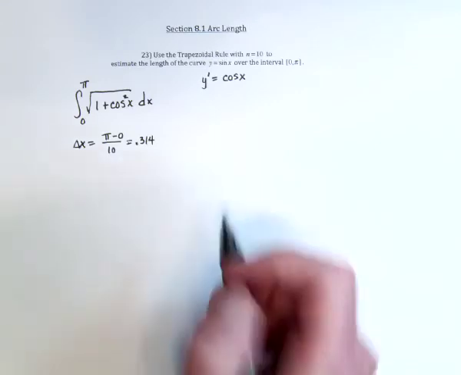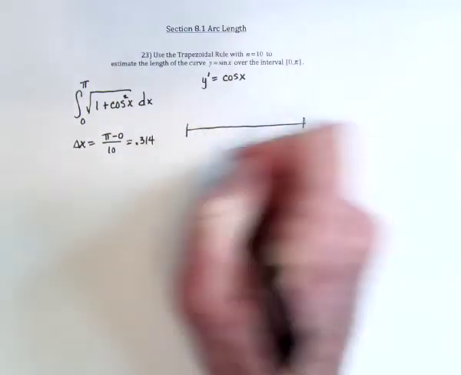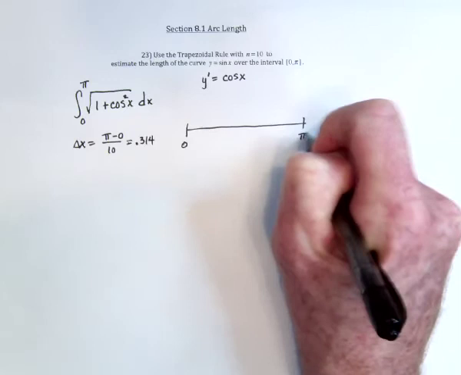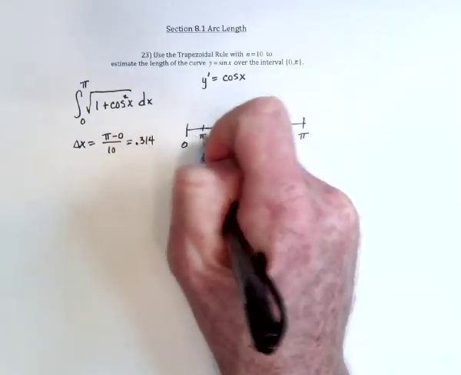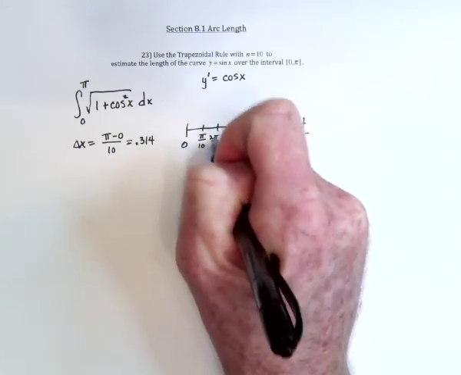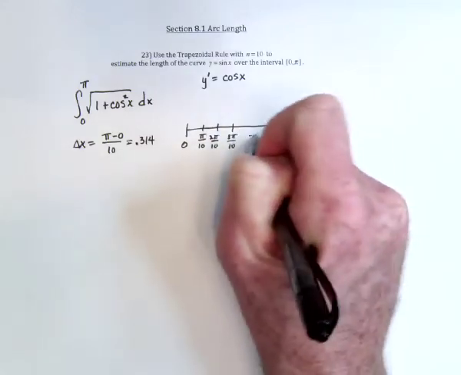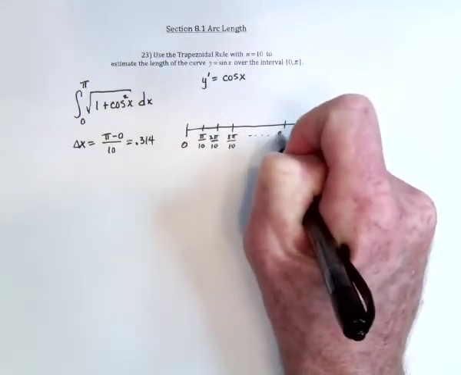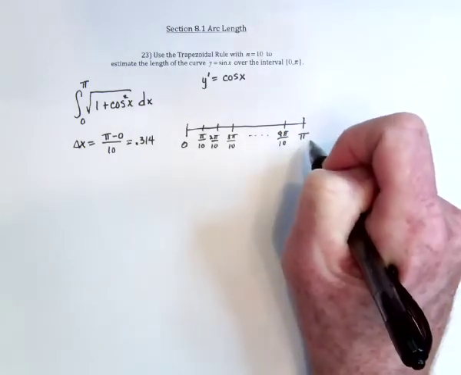Then we say, all right, take the interval that goes from 0 to pi, and we've broken this into 10 pieces. So this would be pi over 10, then 2 pi over 10, and then 3 pi over 10, etc., until you get over here to 9 pi over 10. And then that, of course, would be 10 pi over 10.